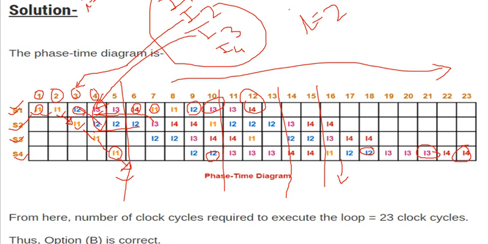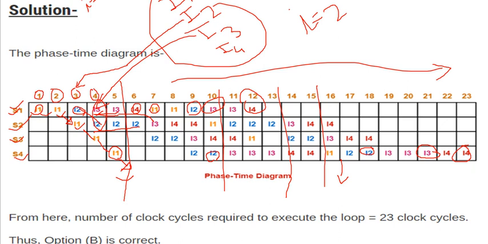So if we keep filling this phase time diagram, because each instruction is to be executed 2 times, we can find the number of clocks required in this fashion. When we have to calculate the number of clocks required in a pipeline processor, we just draw a phase time diagram.